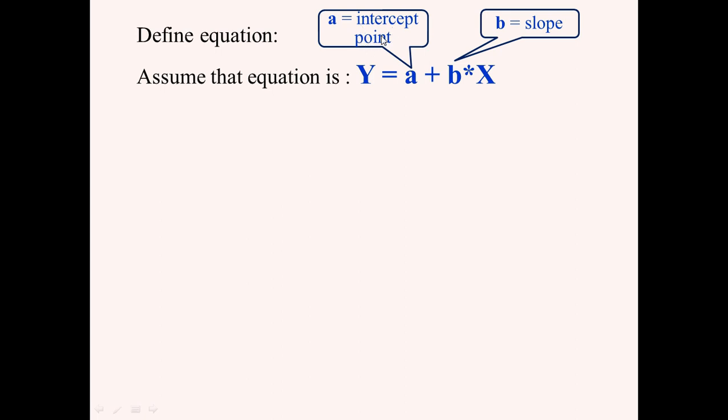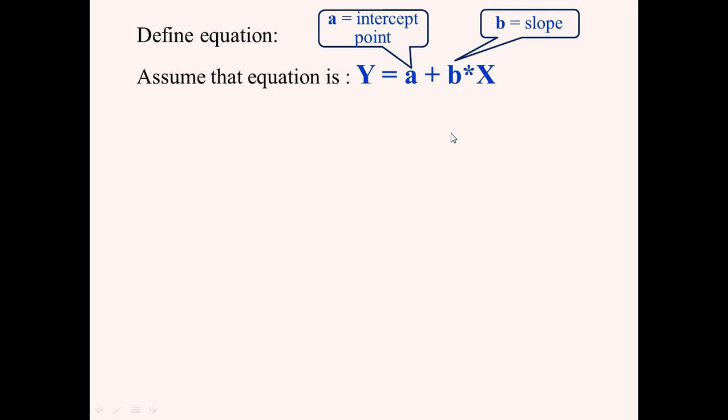Oh, sorry, yes, they call it b. Again, based on the last slide that I showed you, this is b, this is m. But now you can choose a, b, or x, y, because x, y are here. You can use a, b, c, d, e, f, any letters, but I prefer a here, b there. This is the general equation: a is the intercept, b is the slope.